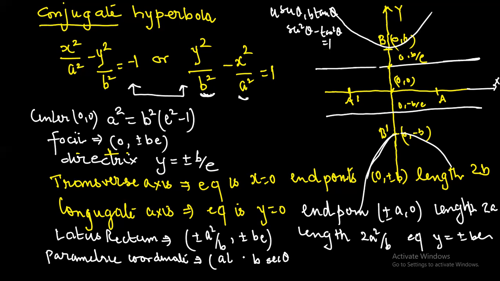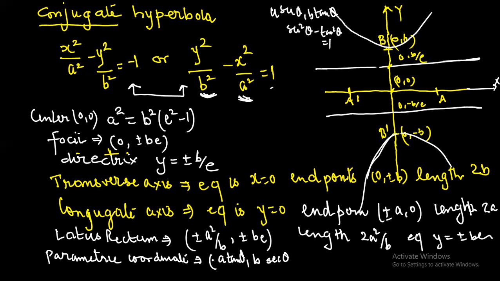Place it and get clear. This becomes b square sec square theta divided by b square, which becomes sec square theta. Now placing x, a square tan square theta by a square becomes tan square theta. So sec square theta minus tan square theta will become 1.